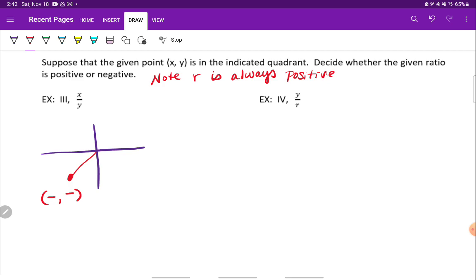And we never talk about distances in terms of a negative number. So our r value is always positive. But in quadrant 3, both the x value and the y value are negative. So if I'm asked about deciding the sign of the ratio, well, if the x value is negative, and I'm going to divide that by the y value that's also negative, that's going to lead me to a positive.